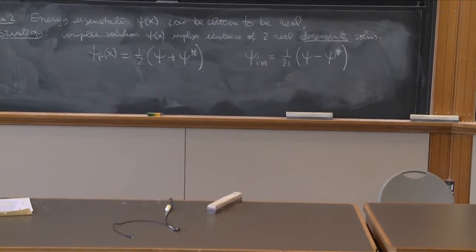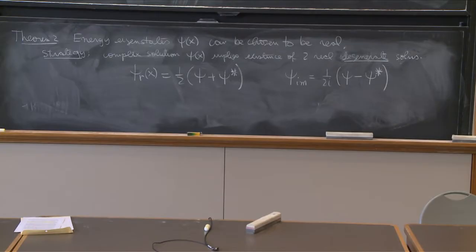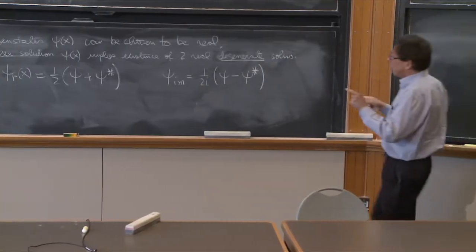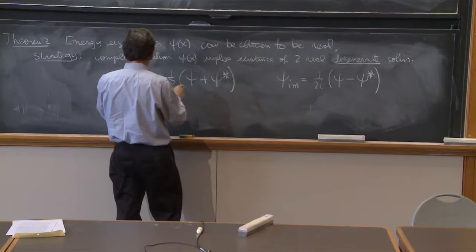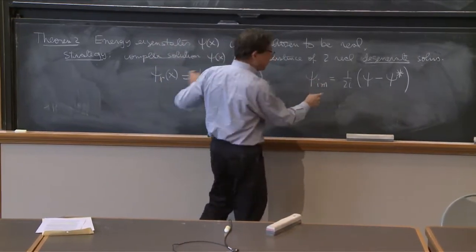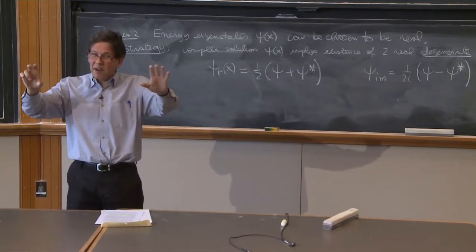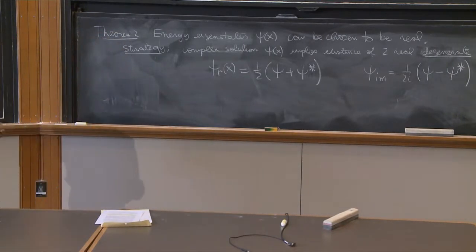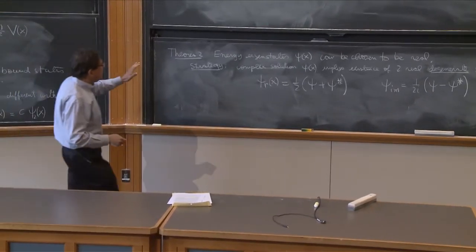This function, which is the imaginary part of the solution that you had, is also real. So you get two real solutions. Moreover, you can show that psi and psi star have the same energy. Therefore, psi r and psi im have the same energy. So I'm really skipping very little, but I don't want to clutter the blackboard with the whole derivation at this moment. So here is the strategy.